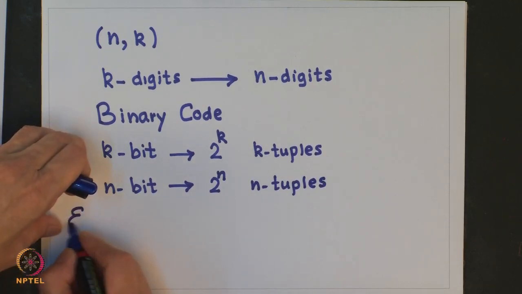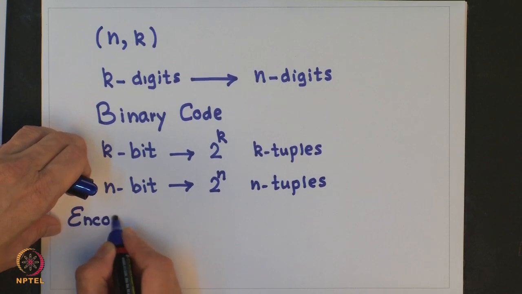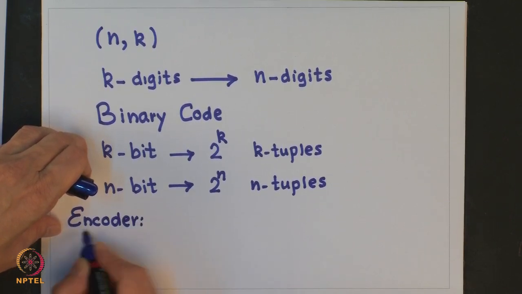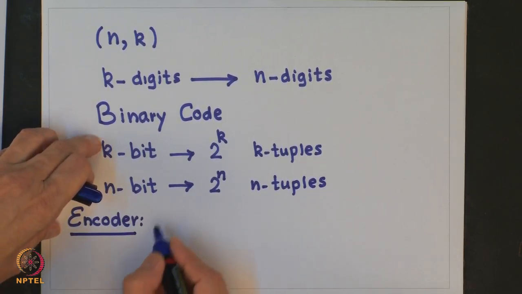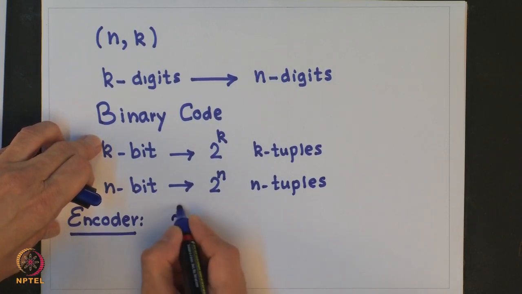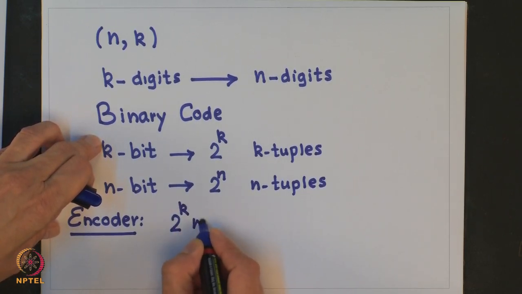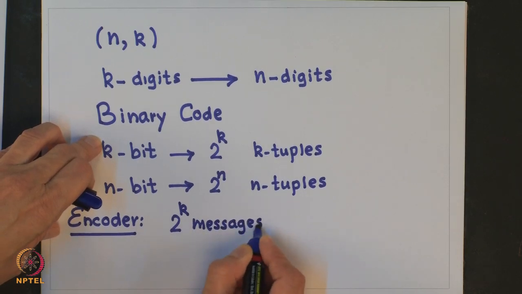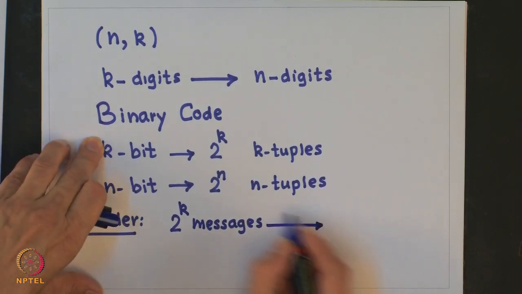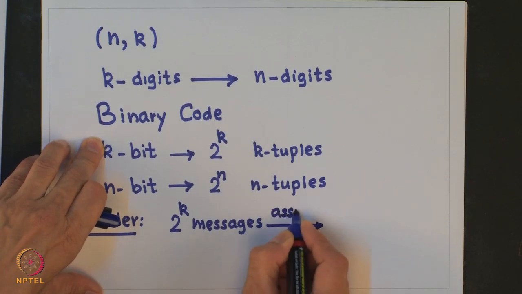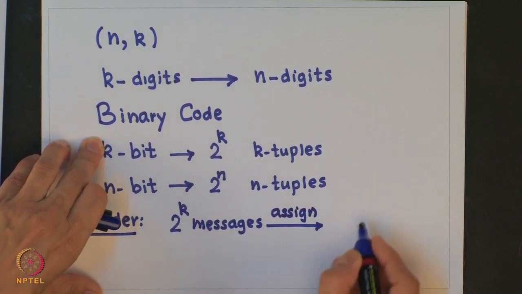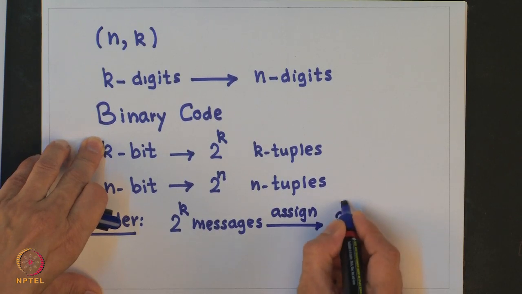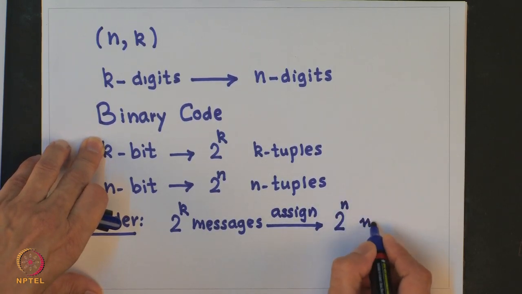So, the job of the encoder is to take each of these 2 raised to k messages and assign one of the 2 raised to n tuples.